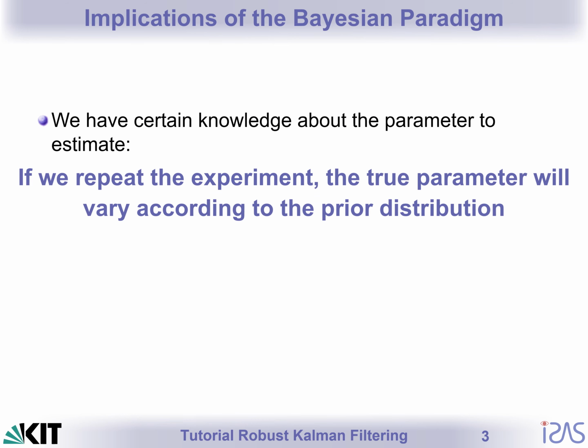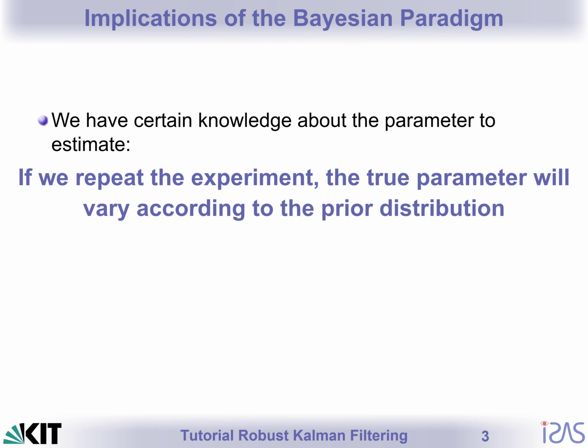So I've briefly touched on some basic properties of the Bayesian paradigm and will now specify them very clearly. As a Bayesian, we say we already have a certain knowledge about the parameters that we wish to estimate. And if we repeat the experiment, that true parameter will vary according to the prior distribution.